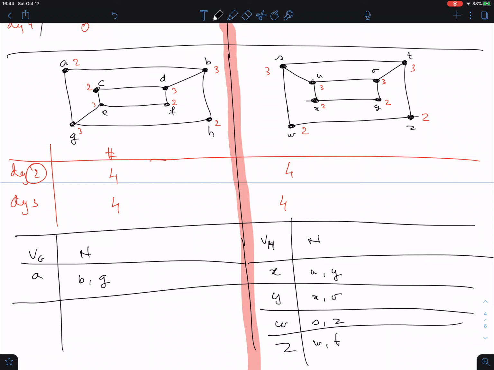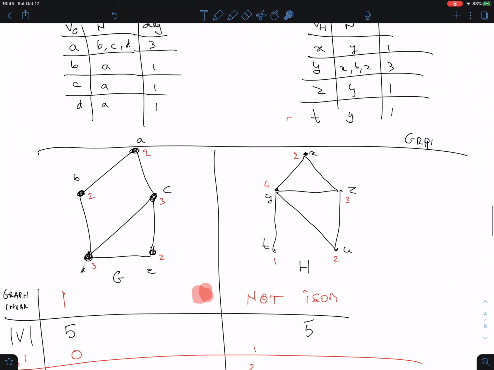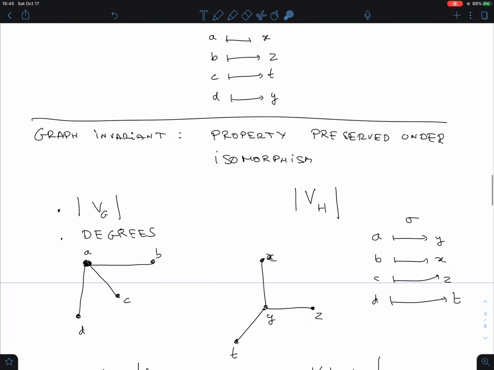Okay, professor, so what? What this means is that A has to be sent to one of these. If I send A to X, then B and G have to be sent to U and Y. Which way, we don't know yet, but for sure, because neighborhoods are graph invariants.